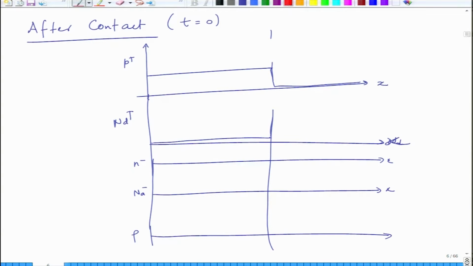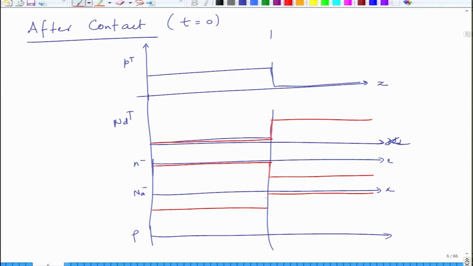If I use a different color, it would be something like this. N minus would be, in this case very small, in this case it would be very large, and then Na minus would be, in this case very large, in this case very small. Alright, and the net charge density would be equal to 0.